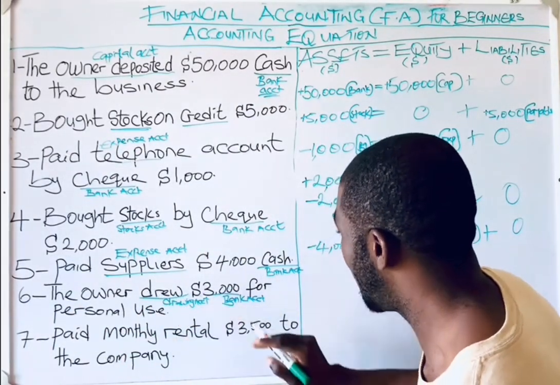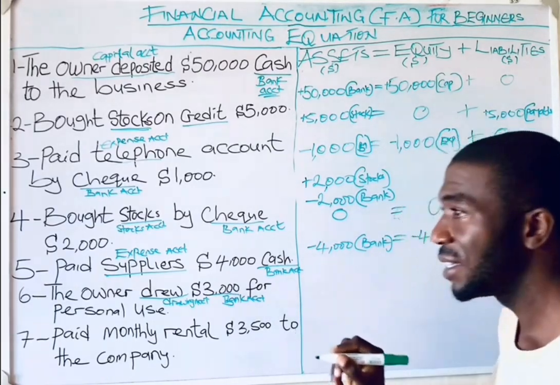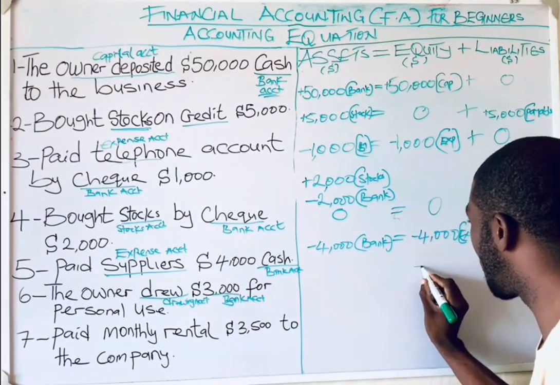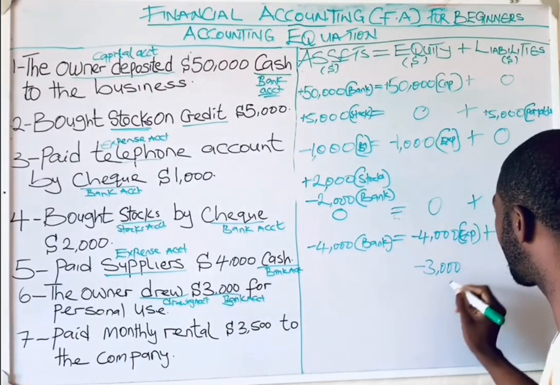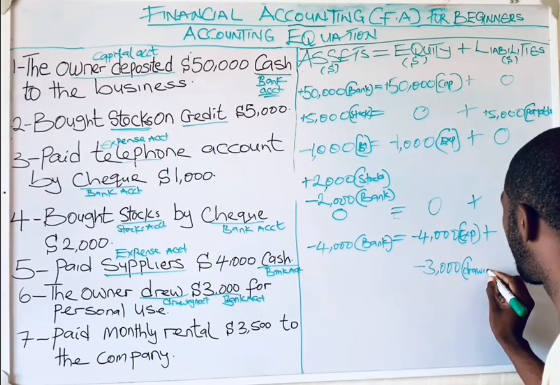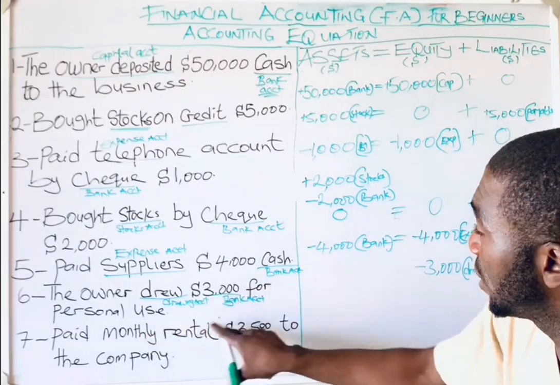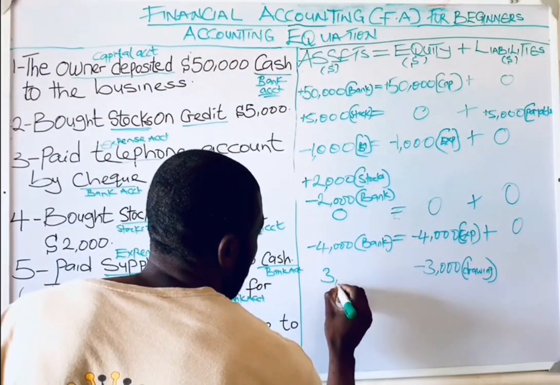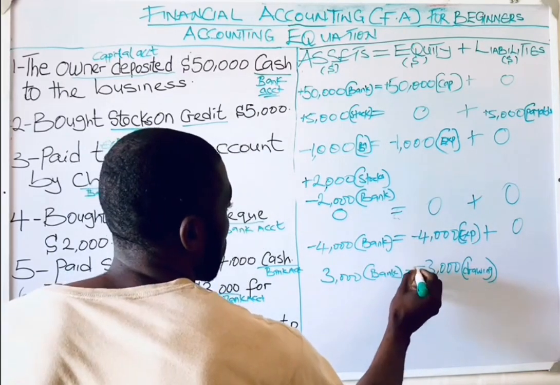Drew, that is drawing account, and our drawings is under equity. So our drawing reduces the amount of equity. So let's see, minus $3,000 as drawing. Then the next account is bank, which is $3,000 bank equals is bank.